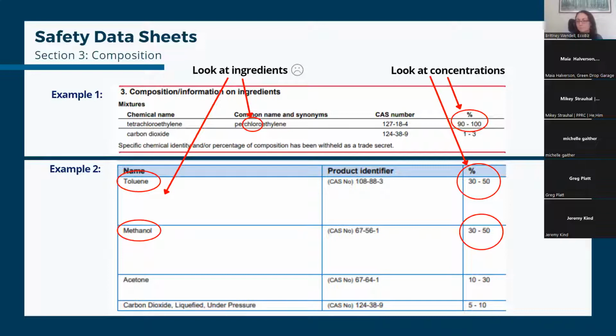So you need to look at both the ingredient and the concentration. And then we have example 2, toluene, which we talked about earlier. It's one of those that absorbs in the skin, plus you can breathe it. And this product has 30 to 50%. So probably something you're going to want to avoid. Next slide.